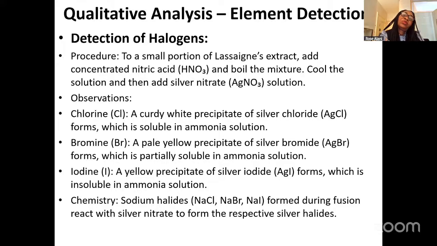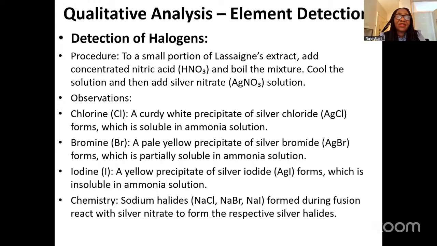So also, detection of halogens. For halogens, we take a small portion of the Lassaigne's extract and add concentrated nitric acid and then boil the mixture. We then cool the solution, then add silver nitrate solution.